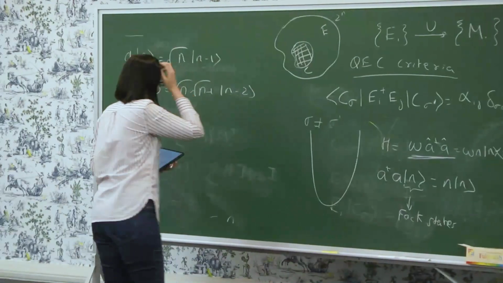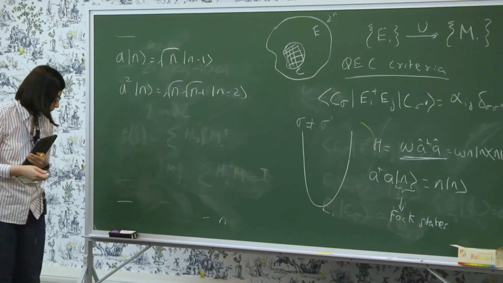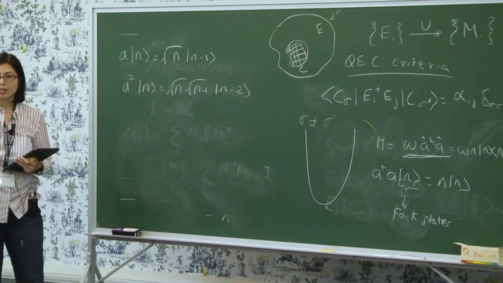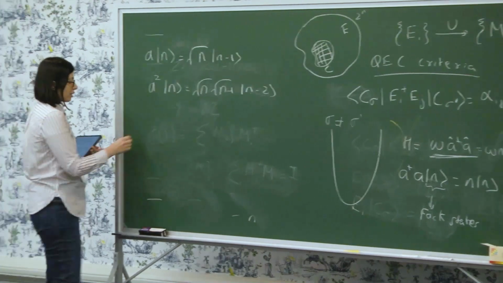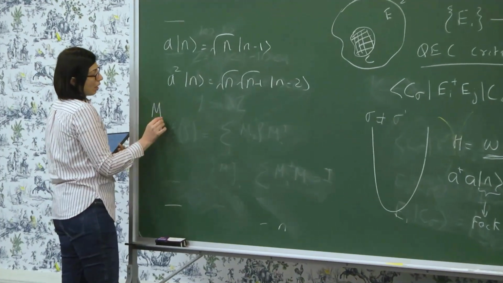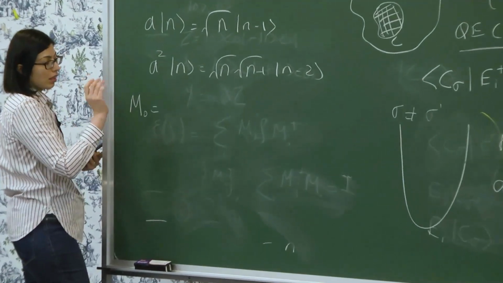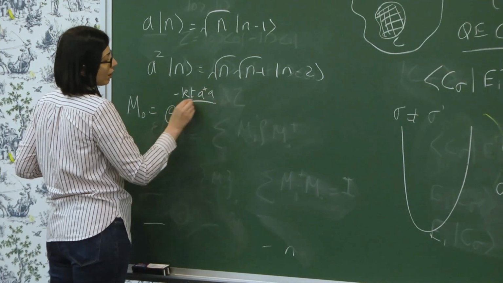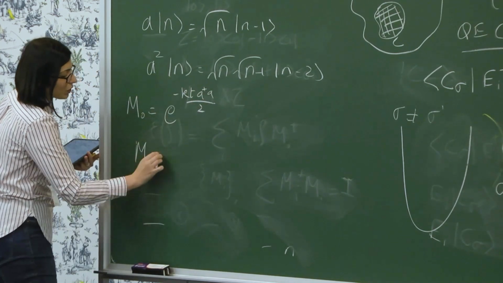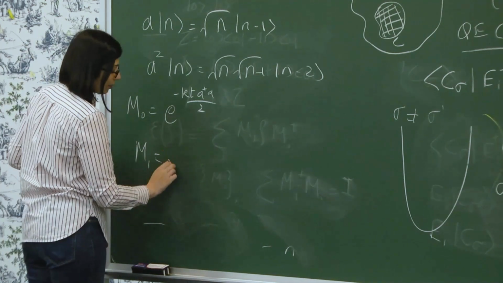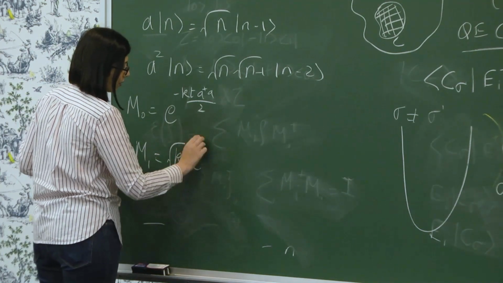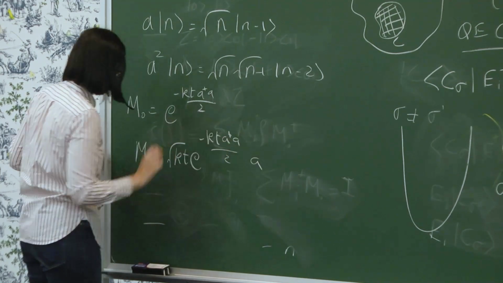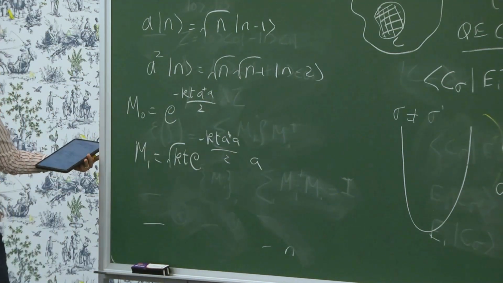So hopefully by now I've convinced you that the most common errors in the harmonic oscillator are going to be M0, that is no jump happening, and then M1, which is a single jump. Again, this is to an approximation.